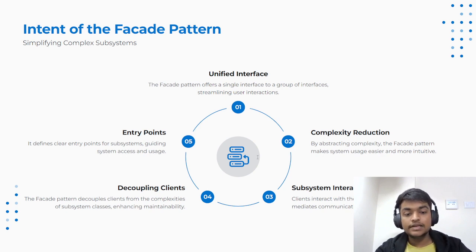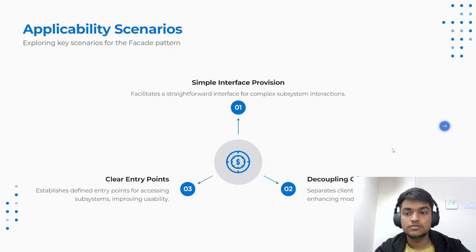This dramatically simplifies the interaction with multiple medical systems, while behind the scenes, the facade coordinates the different subsystems to provide a seamless experience. Without this pattern, the hospital staff would need to interact with each and every system individually, increasing their workload and potential for mistakes. This type of simplified interaction is crucial in fast paced environments like hospitals and many more areas.